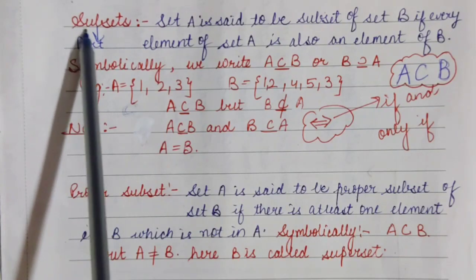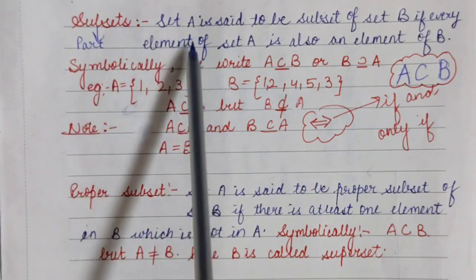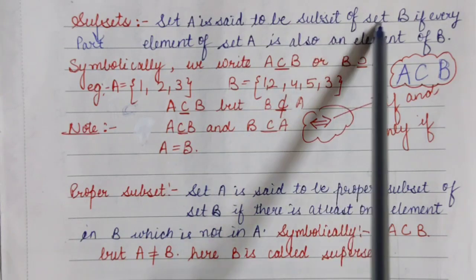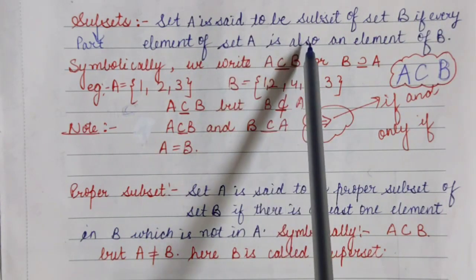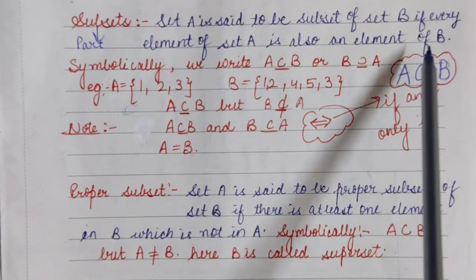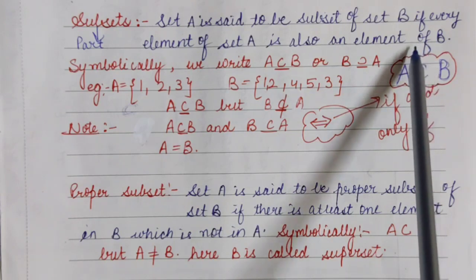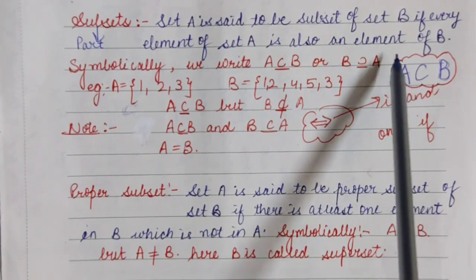Yes, the next type of set is subset. Subset means a part of. Set A is said to be a subset of set B if every element of set A is also an element of set B. What is a subset, students? I will explain this topic with the help of two conditions mainly.